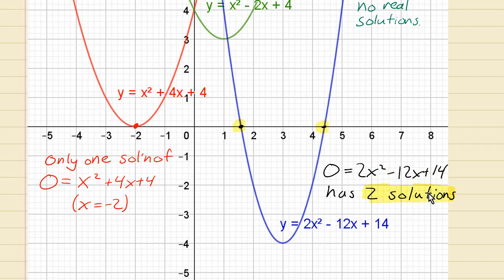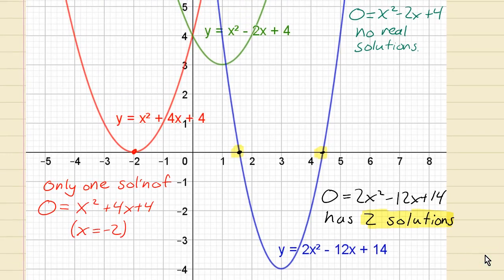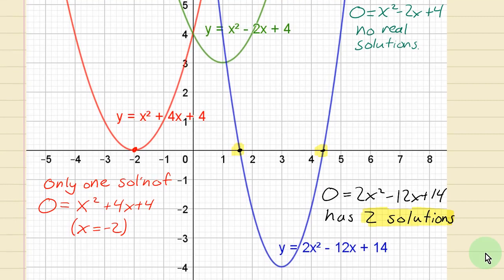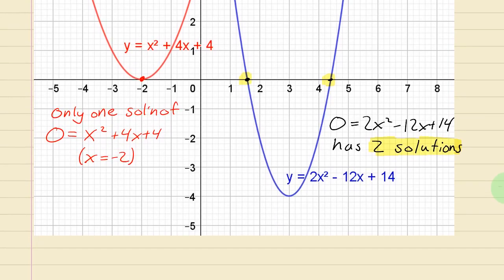So what we're going to see is what it is about the values of a, b, and c with these different ones that you can use to predict how that will happen. And so we could just plug these into the quadratic formula to see how it will go. I'm not going to make you sit through all of it, but I'll go through the steps for solving this equation with the quadratic formula.